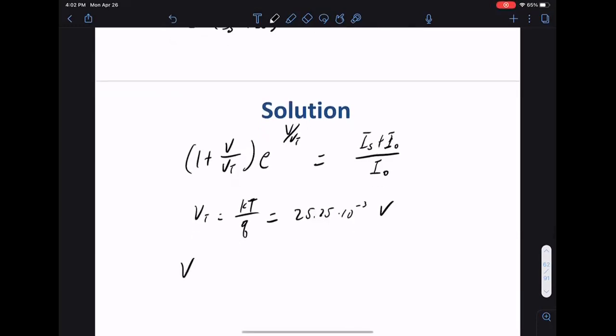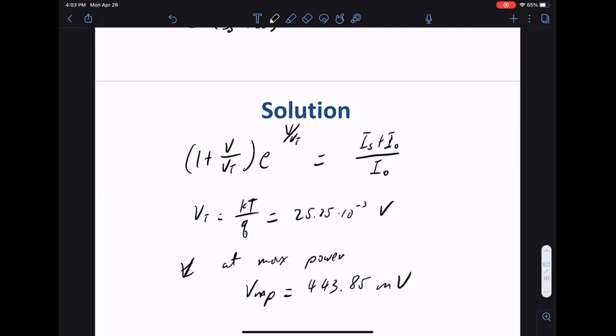You get V at the maximum power, V at maximum power. This is 0.85 millivolts. Okay, so if you want the maximum power to get out from your cell, then this is the voltage you should set the load to be.